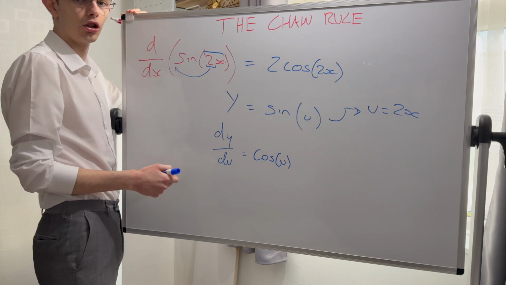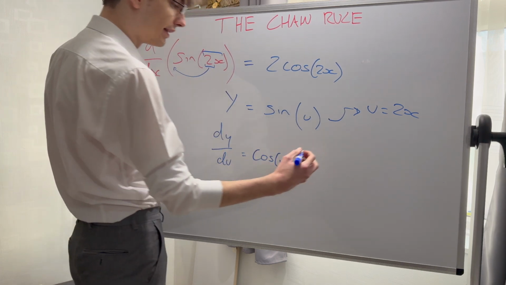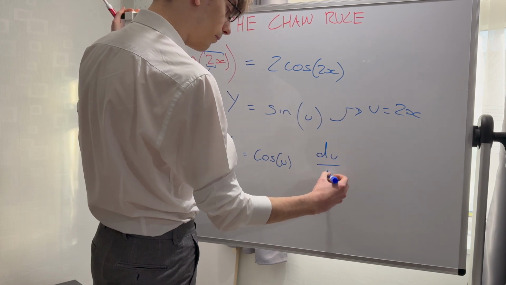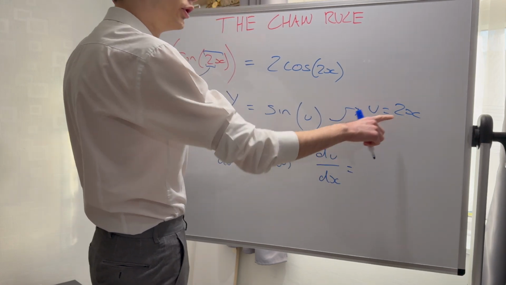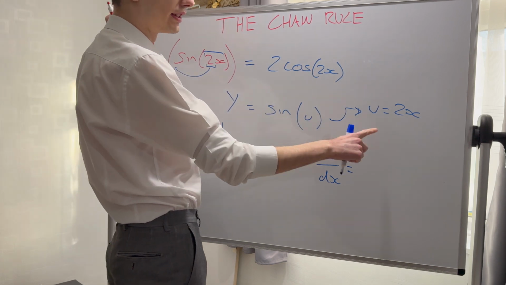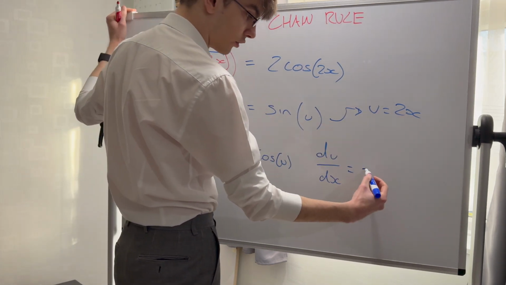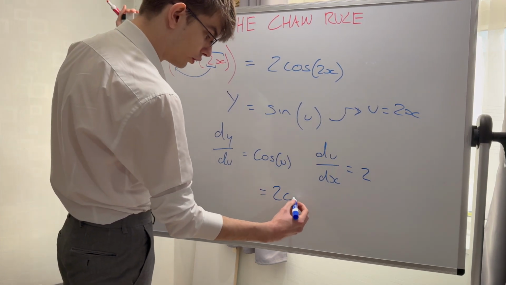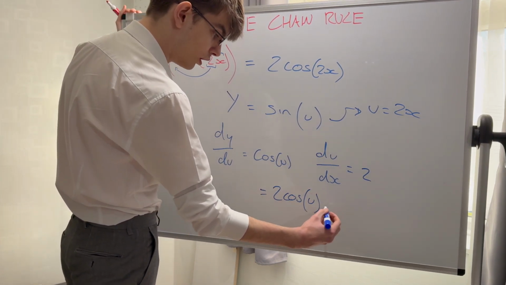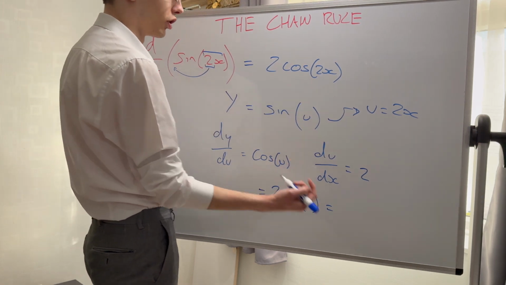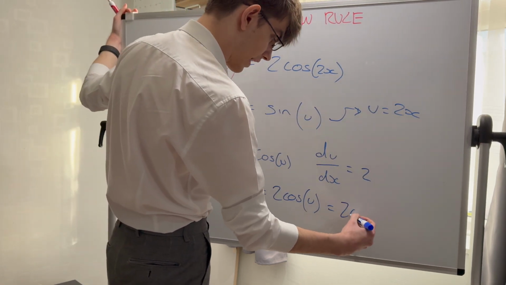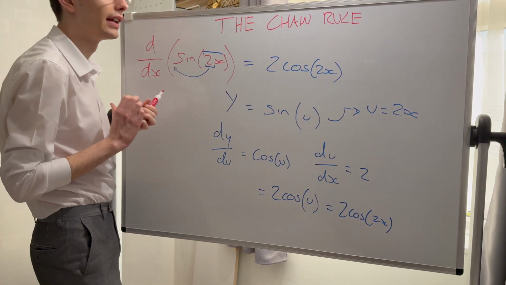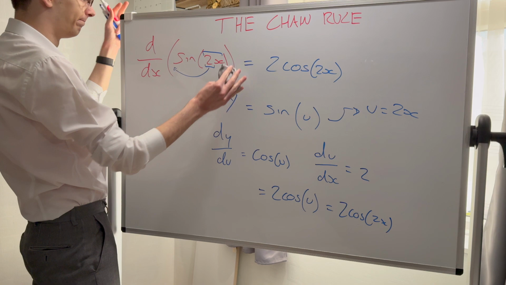Sine differentiates into cos. And then we need to take the derivative du by dx. We have u equals 2x, so the derivative of u with respect to x is just 2. And multiplying these together, we get 2 cos u, and putting back in my substitution, u is equal to 2x, and we get 2 cos of 2x, which is the same thing that we did the other day.